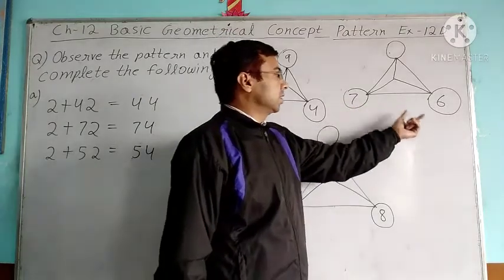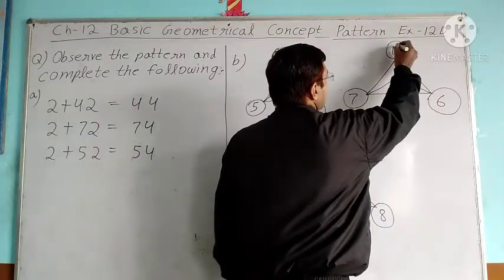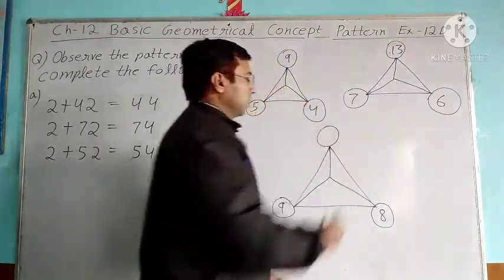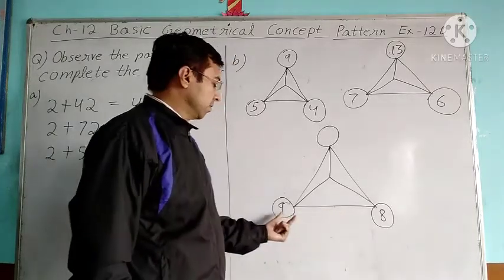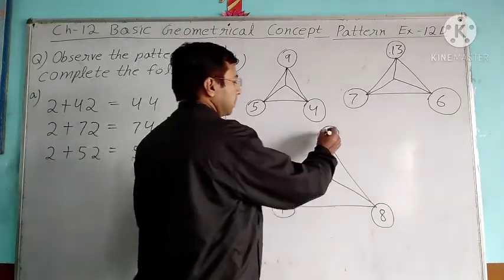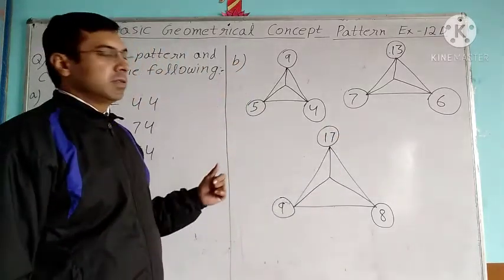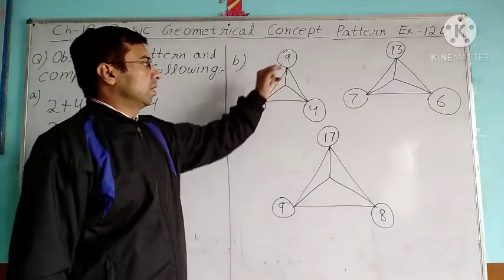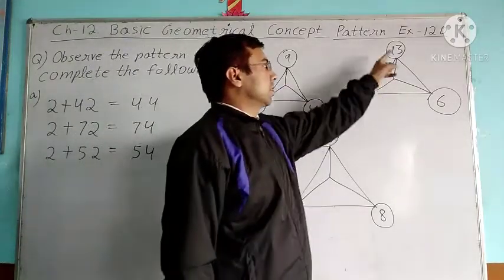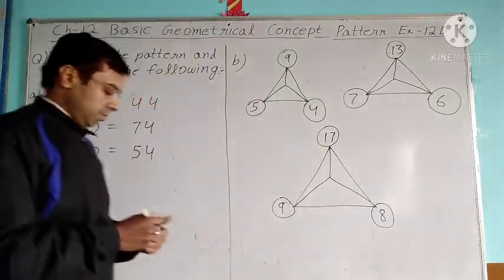Clear? 7 plus 6 is 13. 9 plus 8 is 17. So in this way we follow the pattern. See here, 5 plus 4 is 9, 7 plus 6 is 13, 9 plus 8 is 17.